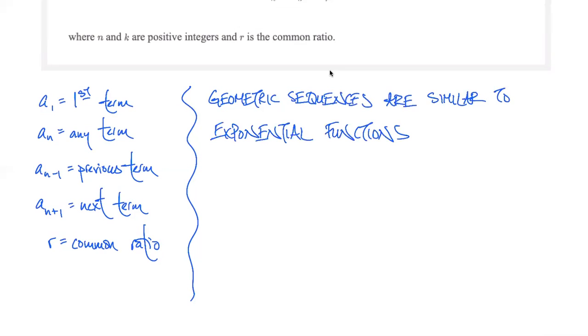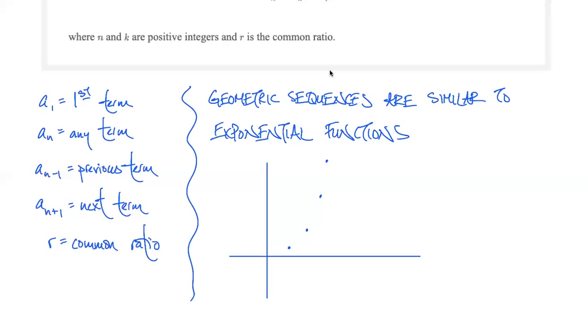And if we think about a graph for a geometric sequence, we'd really have a situation where you have like one, another one, and another one, and another one. So it does go up much more quickly than a linear function. It should look a lot like that exponential growth, okay?